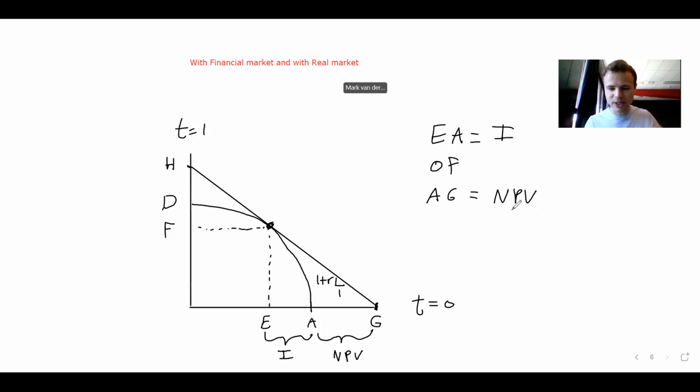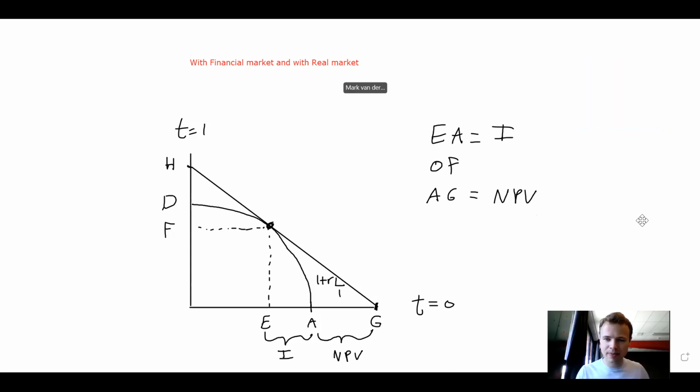And now I have a question for you guys. We know that the net present value is the minus the investment plus the present value. Do you guys have an idea what the EG is then?